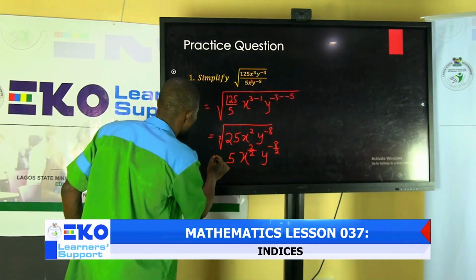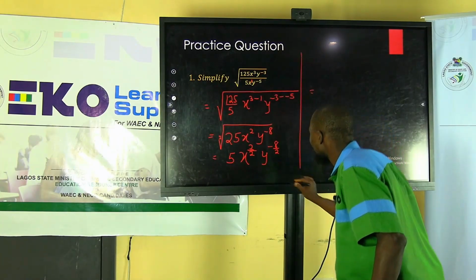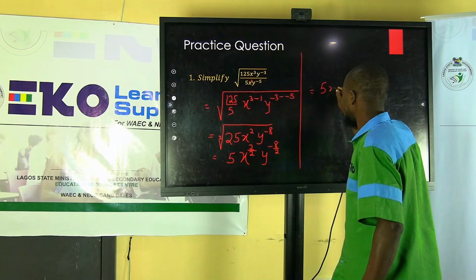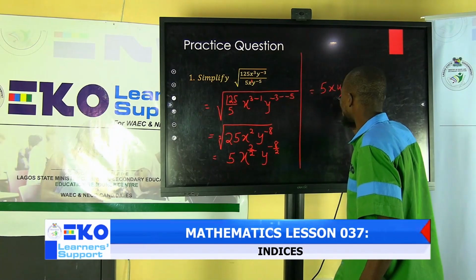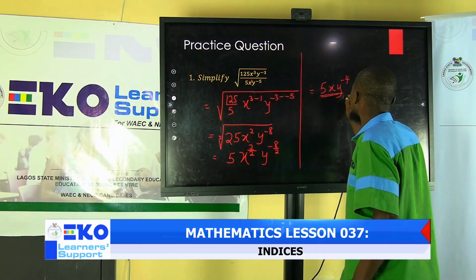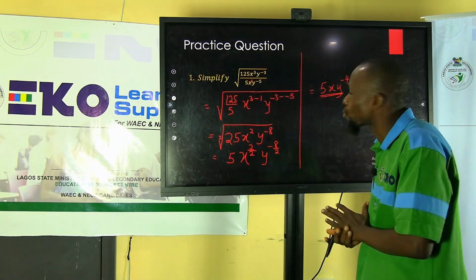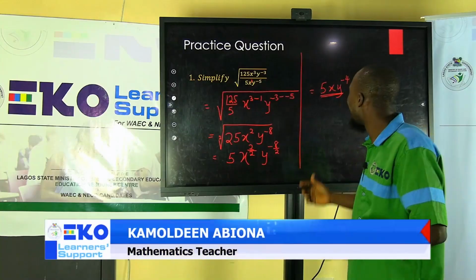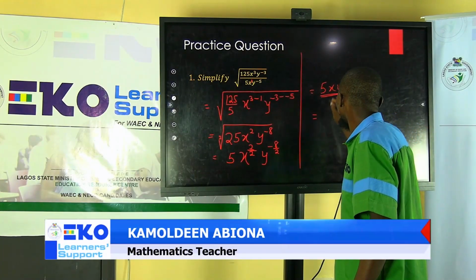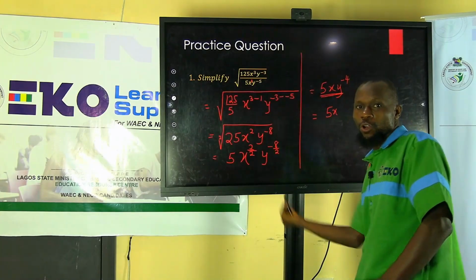Okay, so what's the result of that? The result is 5, x, y raised to power what? Minus 4. So you can leave it like this, or based on the rules that we have looked at, when we have a negative power, that's rule number 3 also, when you apply it, it will come down.